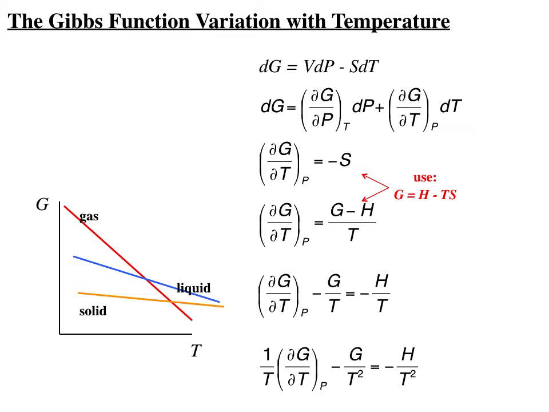So I would expect that the solid curve would have the least slope, the liquid curve would have an intermediate negative slope, and that the gas curve for the G versus T plot would have the most dramatic slope.